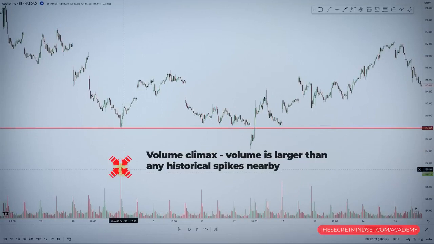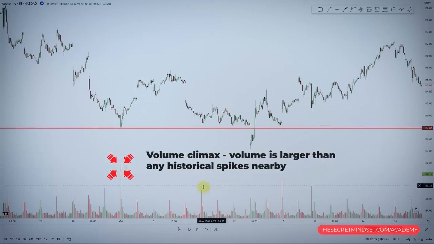Where volume spikes are extreme, in other words, larger than any historical spikes nearby, this is generally known as a volume climax. When this occurs, you should look for signs for the future direction of the move from the price itself, and this is often followed by a particular candle or a price bar pattern.